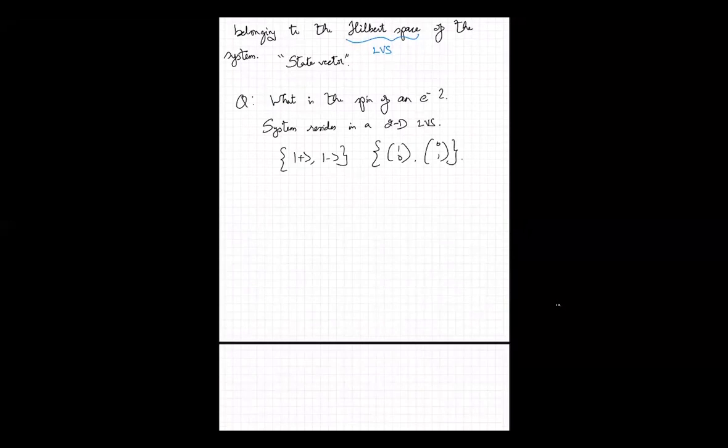Okay, so if this is my system, this is my linear vector space. There is no general answer to this question, but the most general linear vector space in which quantum mechanics is formulated is called a Hilbert space.